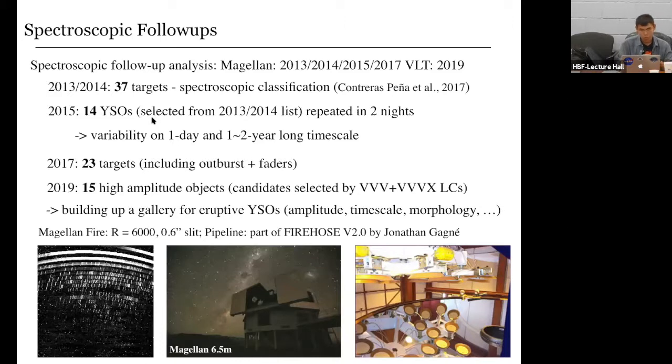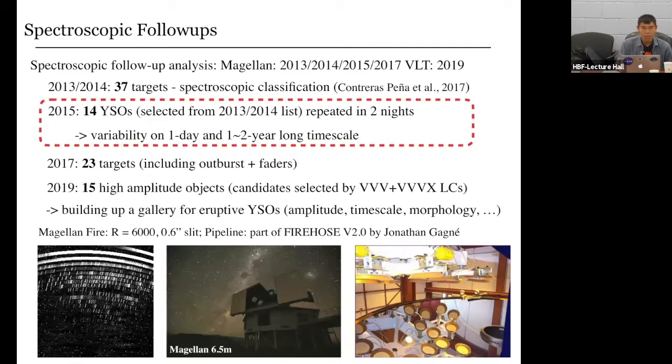We try to build up a gallery of eruptive young objects, including their amplitude, their variation timescales, and also the morphologies of their light curves. In this talk, I'm going to focus on the second part of our observations, the 14 young objects that were repeatedly observed in 2 nights.